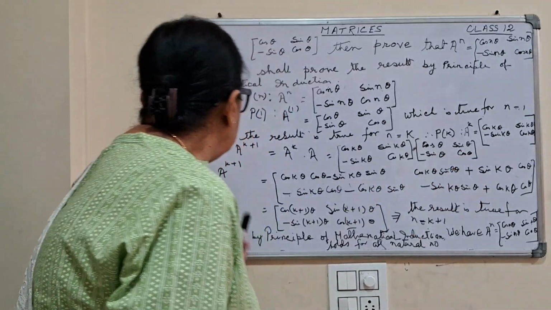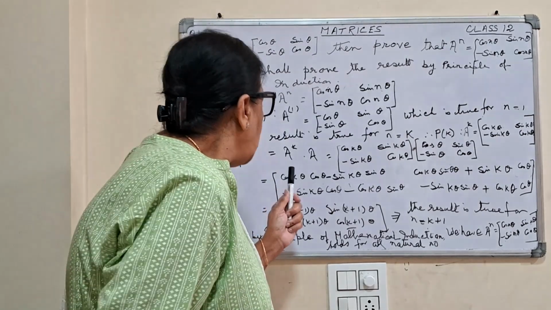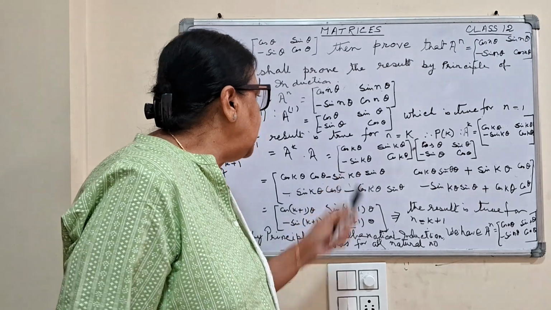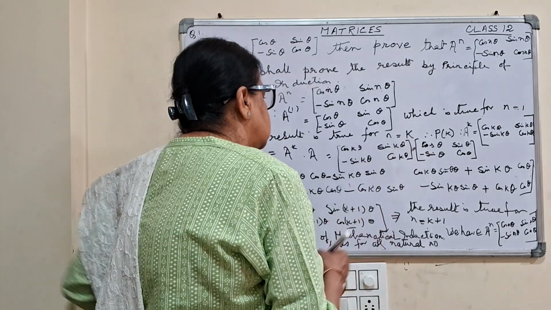Okay. So I multiply: A raised to the power k plus 1, first row: cos k theta cos theta, minus sin k theta sin theta, and cos k theta sin theta plus sin k theta cos theta.